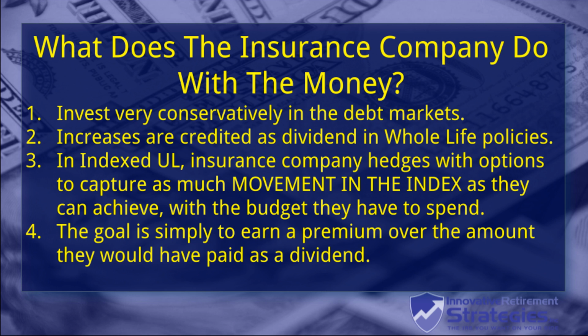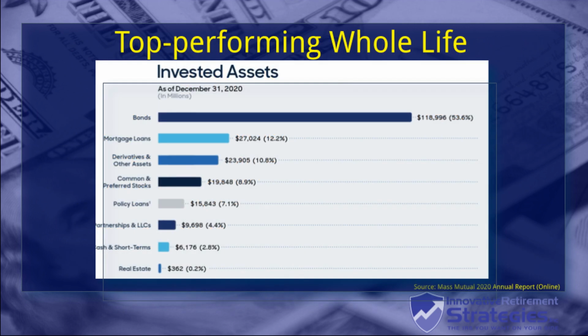So, all right, let's take a look at some numbers. This is the invested assets for MassMutual from their 2020 annual report. And I literally just grabbed this online to stick in this presentation.